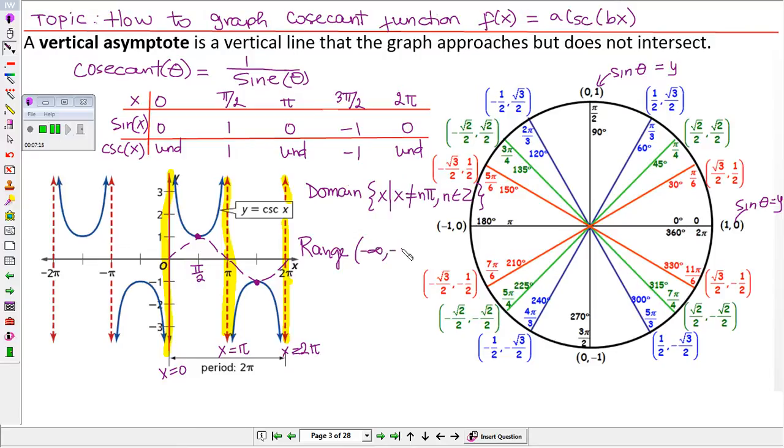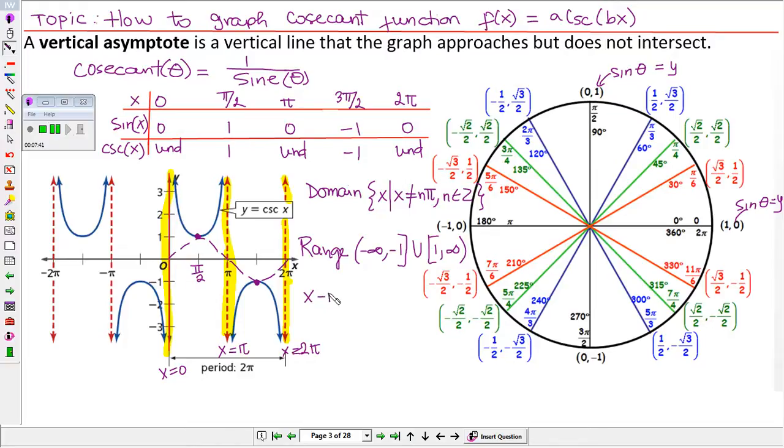Negative infinity to -1, using the square bracket to include it, union, so this will be for the U shape that opens down. The one that opens up will be from 1 to positive infinity. So now we have the domain and we have the range.